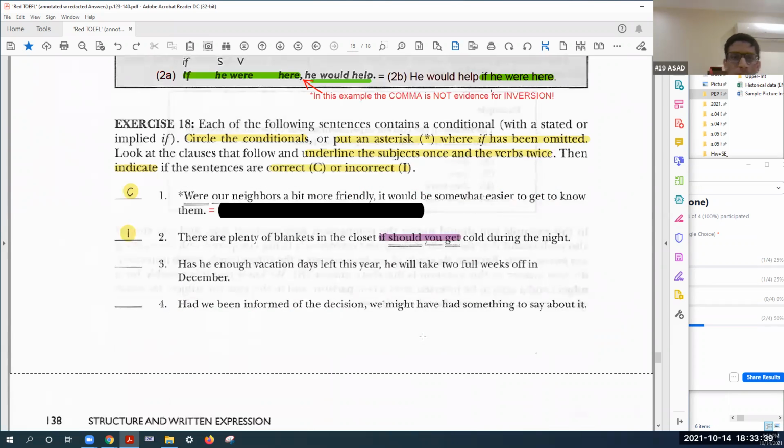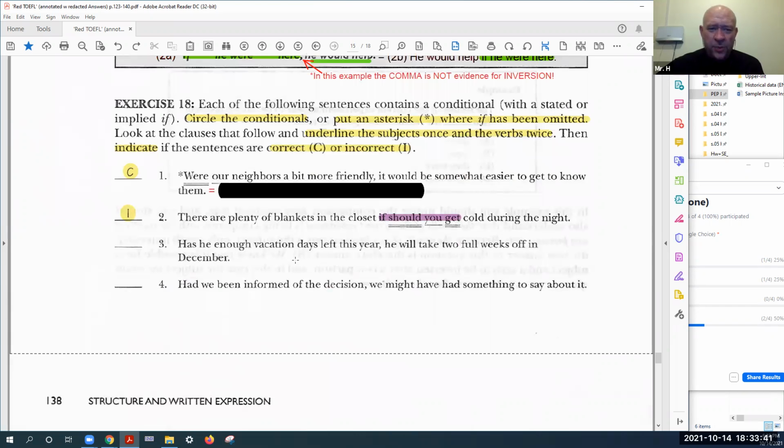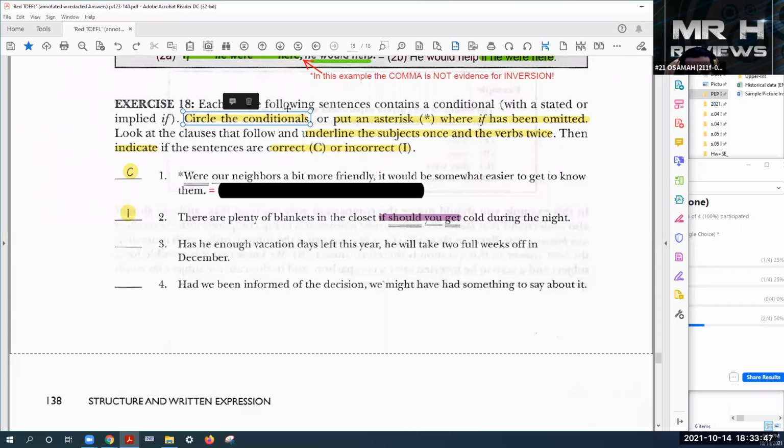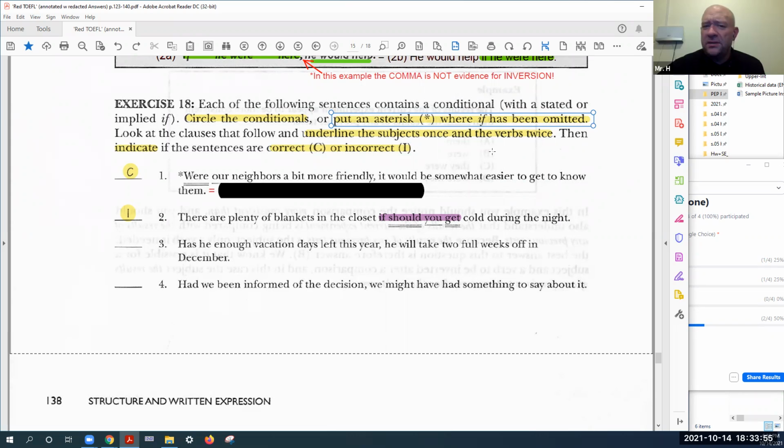All right, exercise 18. How do we do it, Osama? Circle the conditionals, put an asterisk where if has been omitted. What does that mean? Where if has been omitted? Removed.